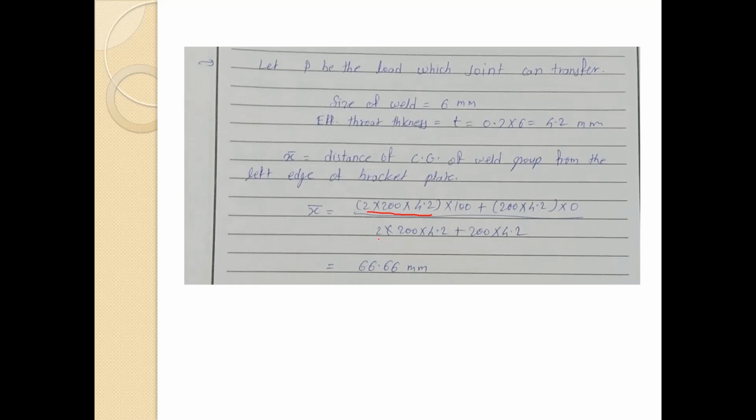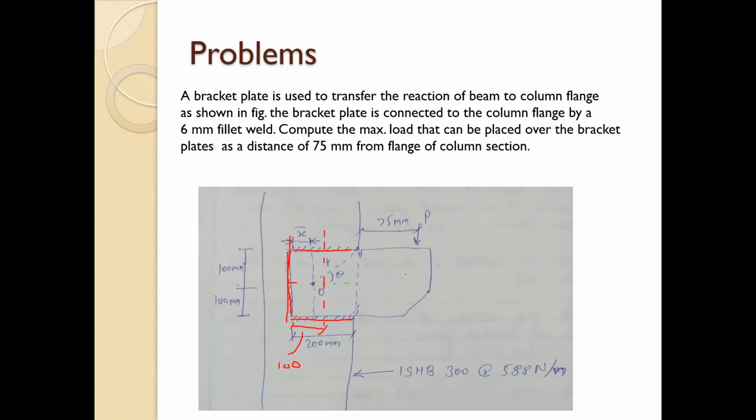So again the areas, that is 2 into 200 into 4.2 plus 200 into 4.2. So we are getting X bar over here, that is 66.66. So we are getting X bar by using this formula. We have calculated the CG from this particular left edge.